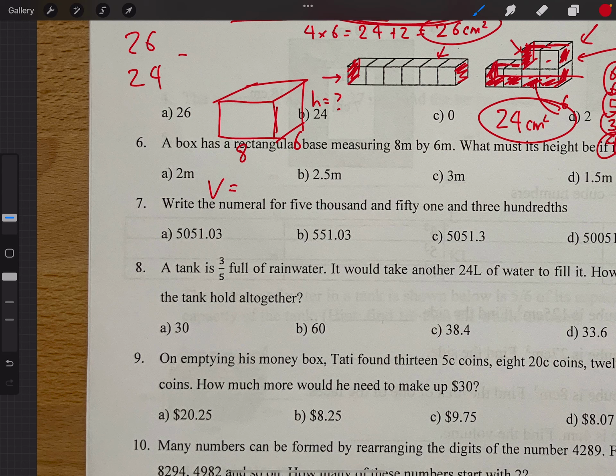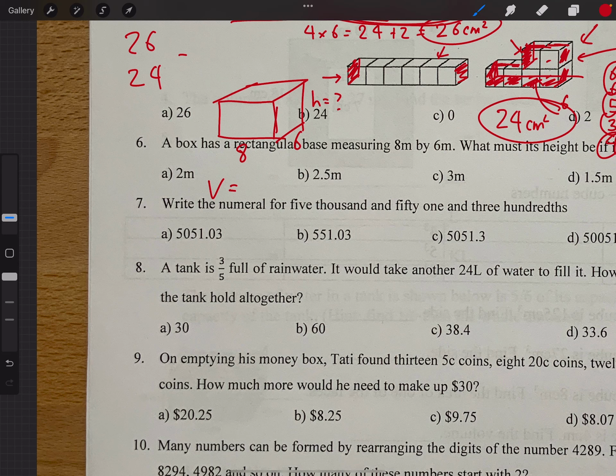24 divided by 2 is 12. So this has to be 12. So 1/5 of the tank is equal to 12 liters. How much water can the whole thing take? Well, 5/5, if the tank is full. From 2/5 to 1/5, we divided by 2.